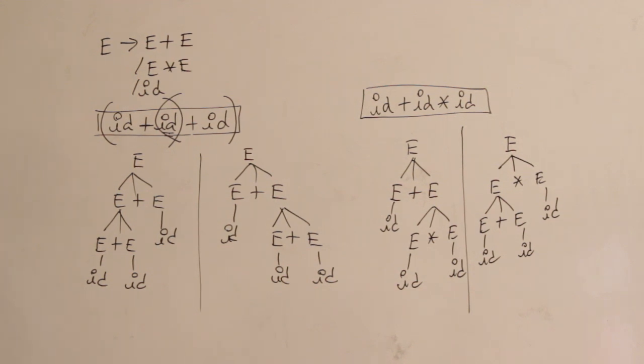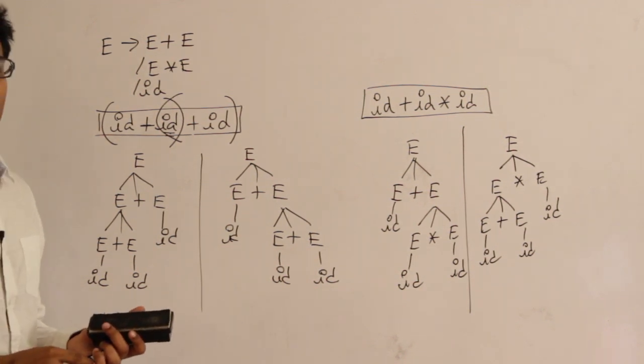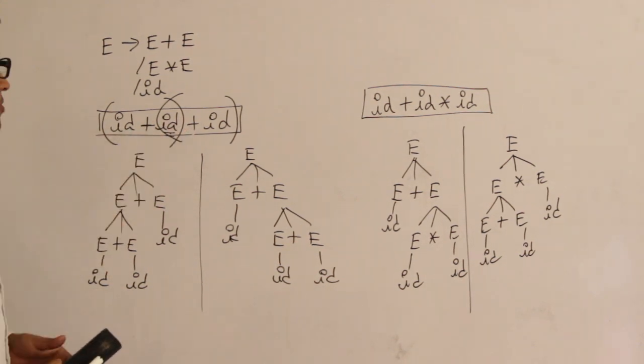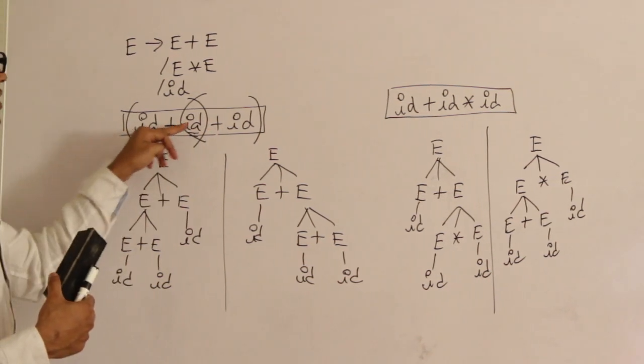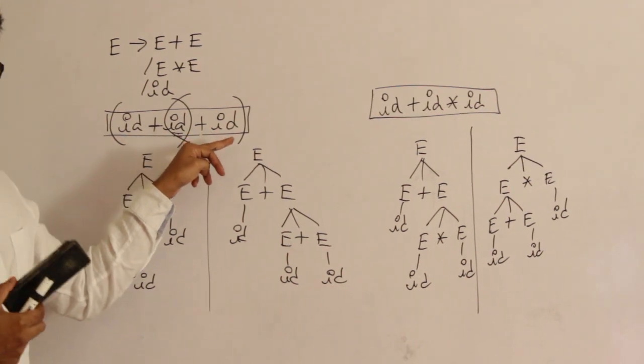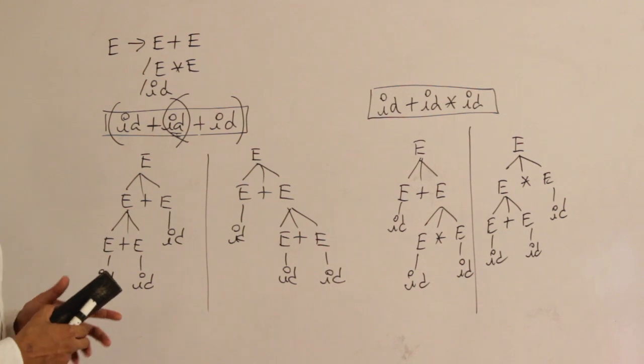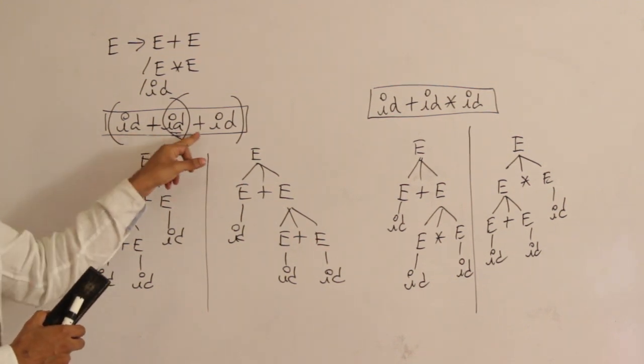In case of plus, the final output doesn't depend on what the actual associativity is in case of addition. But if you consider this to be a subtraction or some other operation like division, then definitely there will be a change. So in that case, I want plus to be left associative.